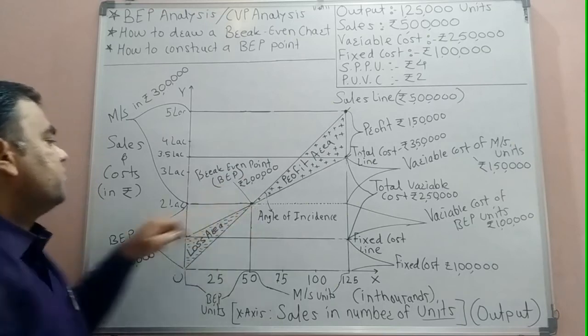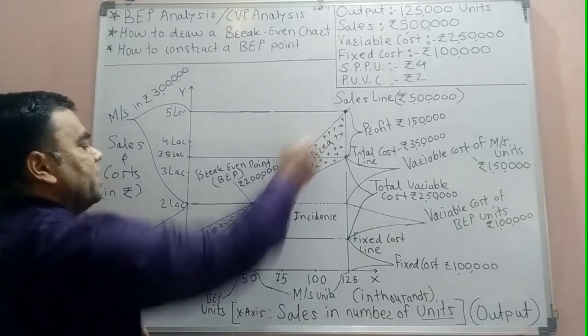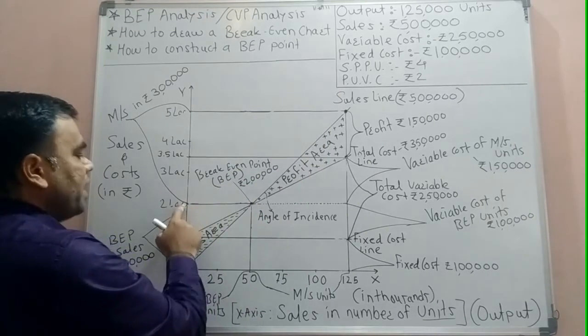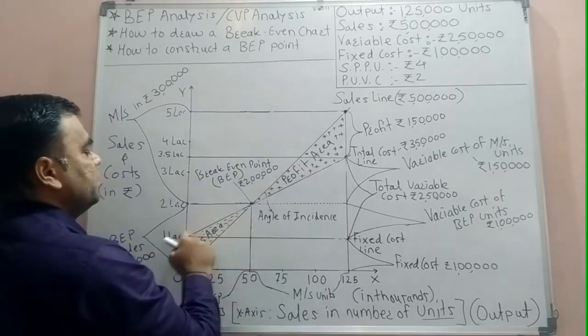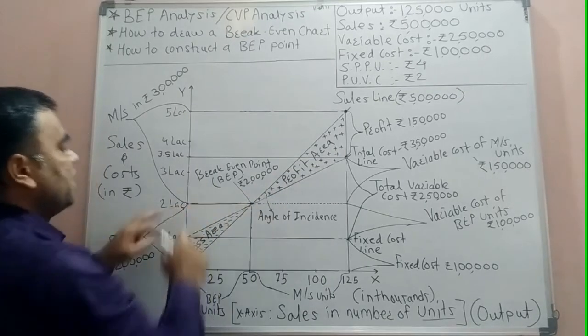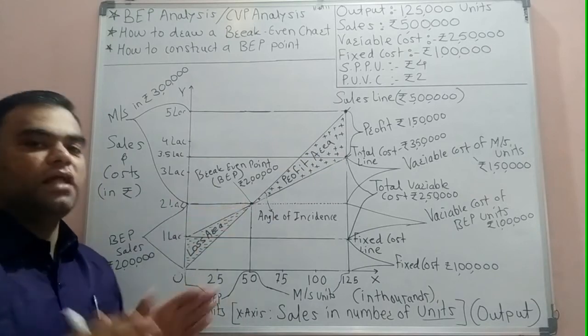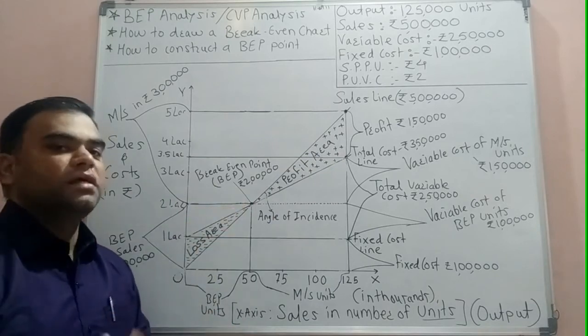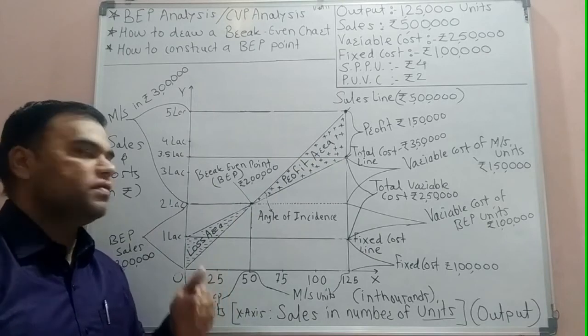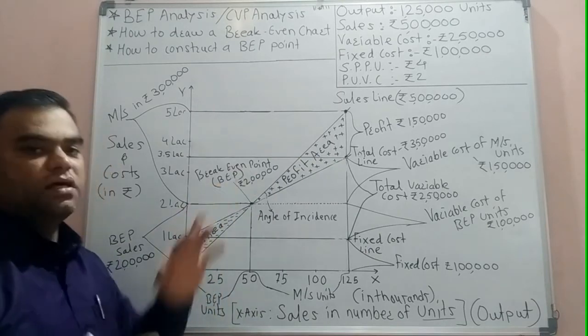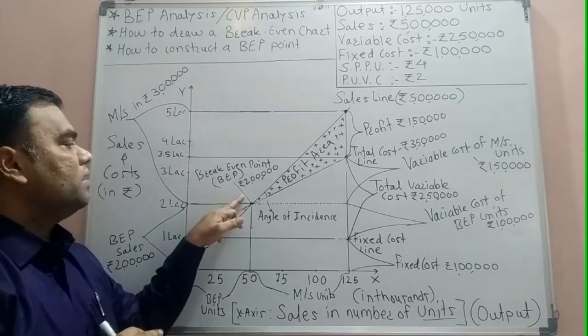As you can see, this is your sales line, your total sales is 2 lakh. This is your total cost line, your total cost is also 2 lakh. So there is no profit, no loss, and that is the stage we call the break-even stage. The point created by the intersection of the sales line and total cost line is called the break-even point.